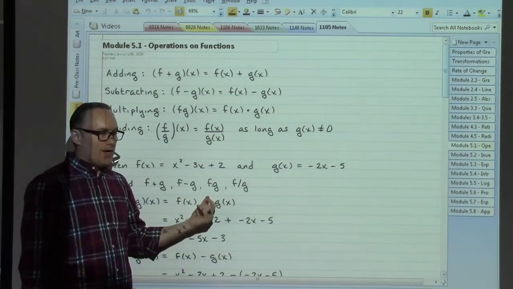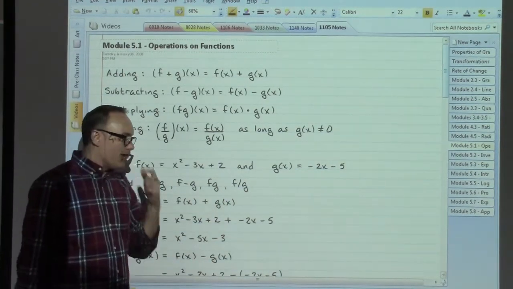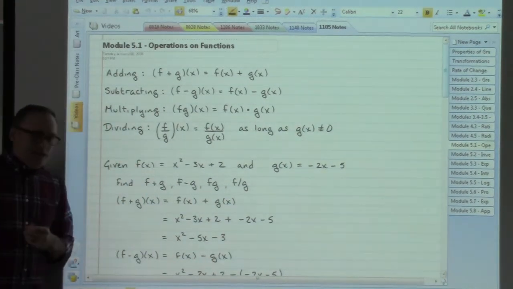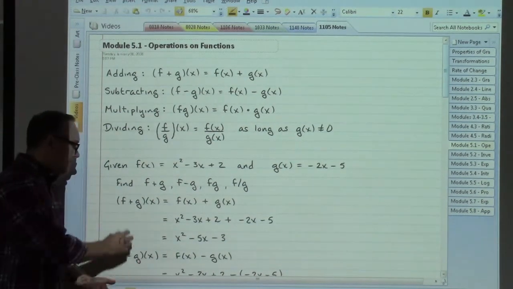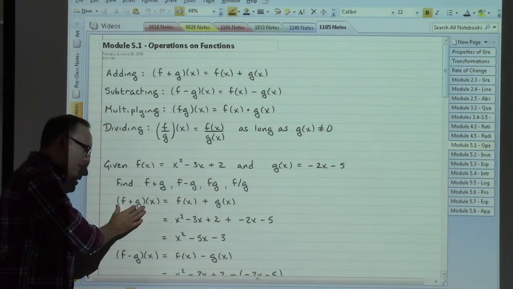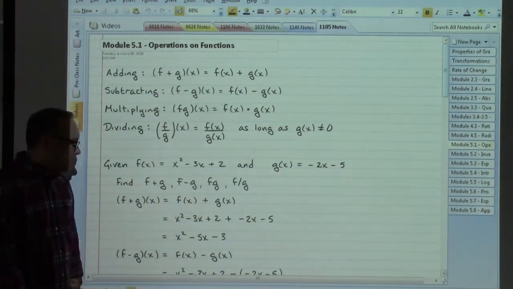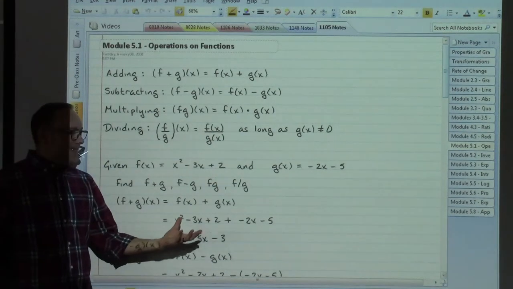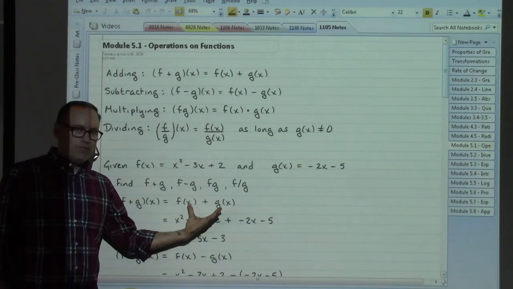Fg, shorthand way of referring to the multiplication. And f over g, a shorthand way of referring to the division. Now, to be super duper clear, we would really want to say parentheses f plus g of x, so still using that function notation, but again, the idea behind these basic operations is that these are just really straightforward.